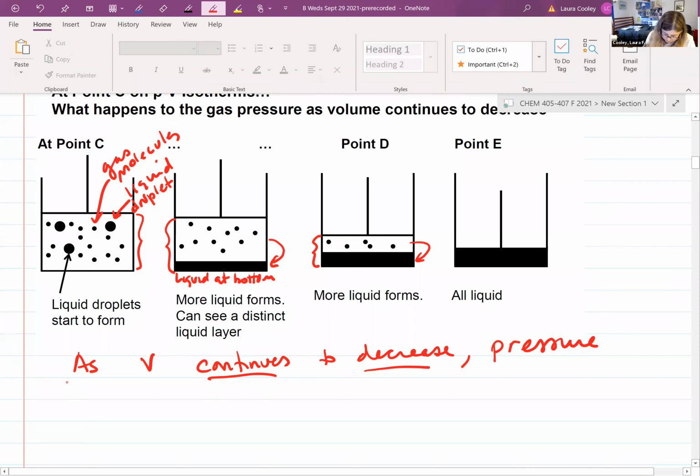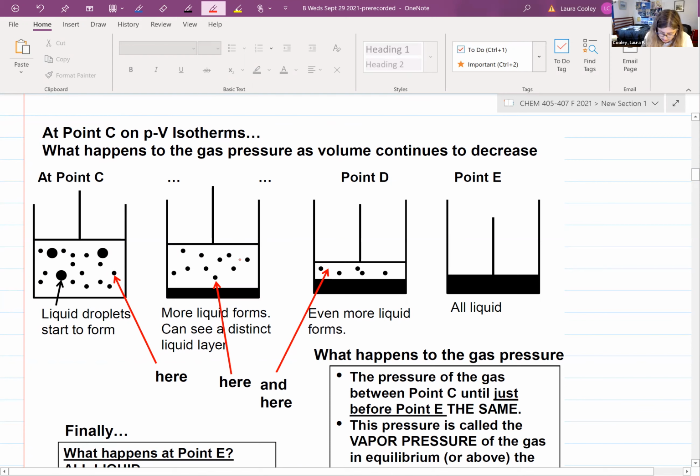Okay, so let me show you the next slide, which is the one I gave you guys, that the pressure in the chamber in this picture, caused by these gas molecules, and here, these pressures are the same. And we have a name for that pressure. We call it the vapor pressure of the gas.